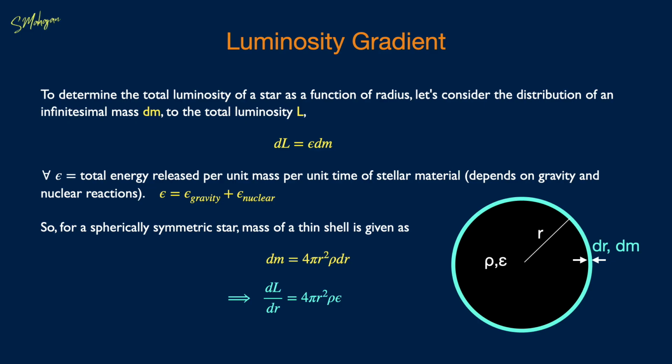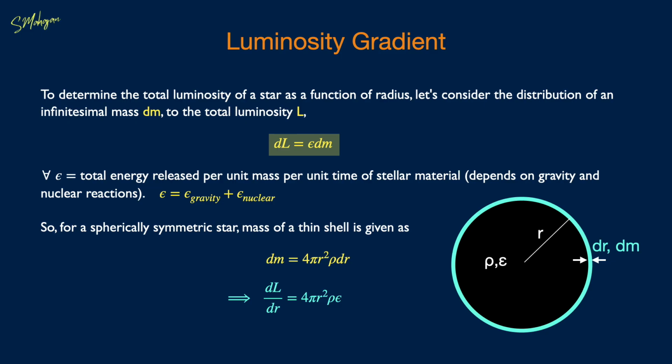To determine the total luminosity of a star as a function of radius, let's consider the contribution of an infinitesimal mass dm to the total luminosity L of the star. dL is equal to epsilon dm, where the constant of proportionality epsilon is nothing but the total energy released per unit mass per unit time of the material.